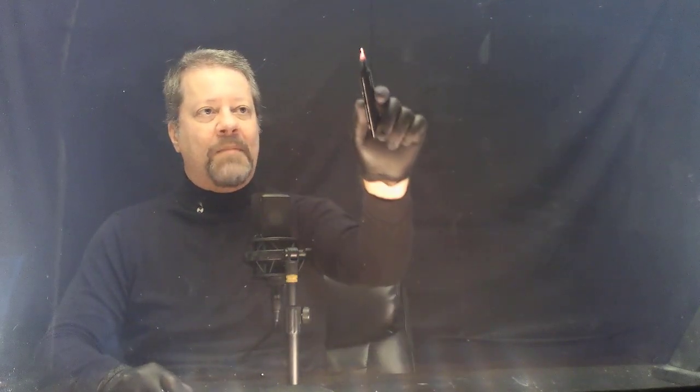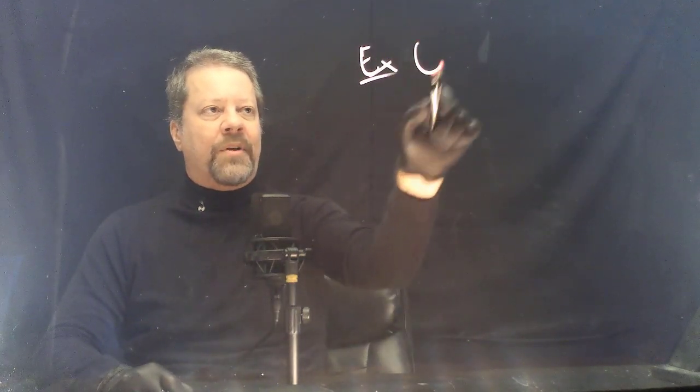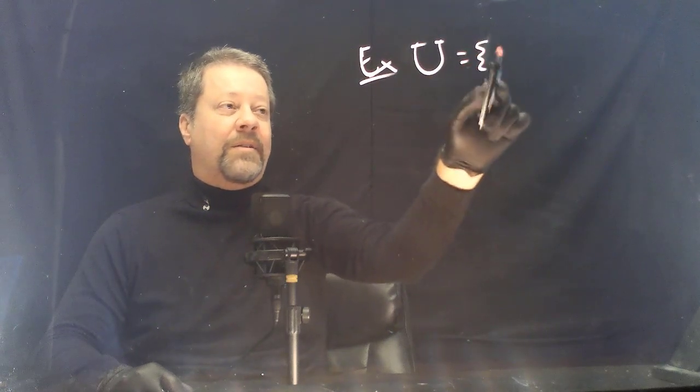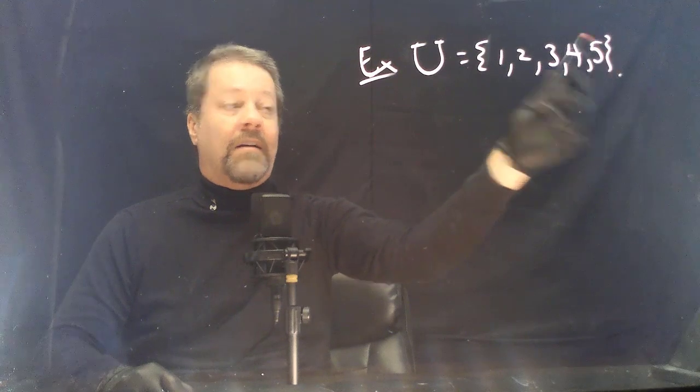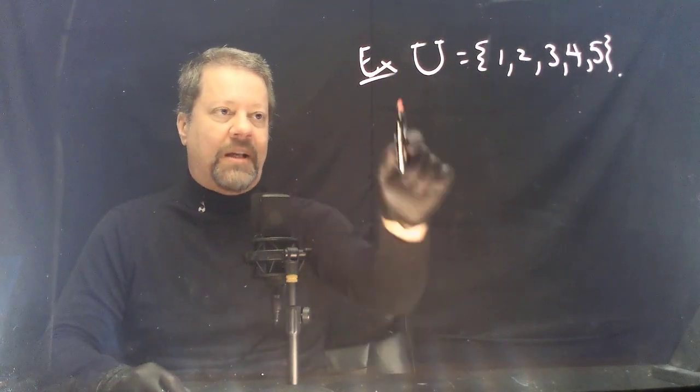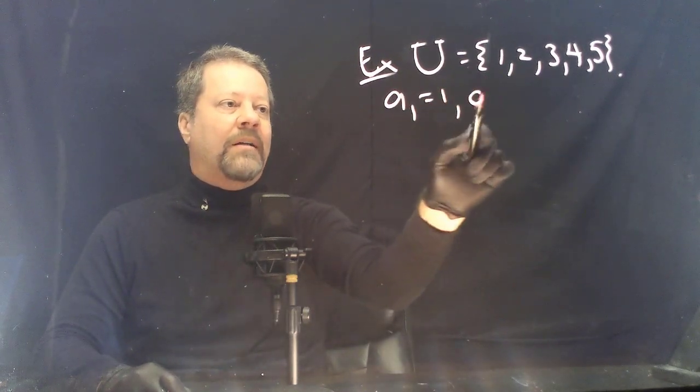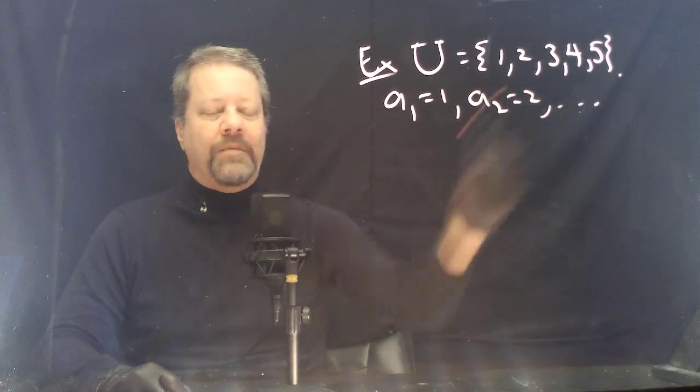As an example, suppose our universal set is 1, 2, 3, 4, and 5, and our ordering is, let's just say, A1 is 1, A2 is 2, and so on.